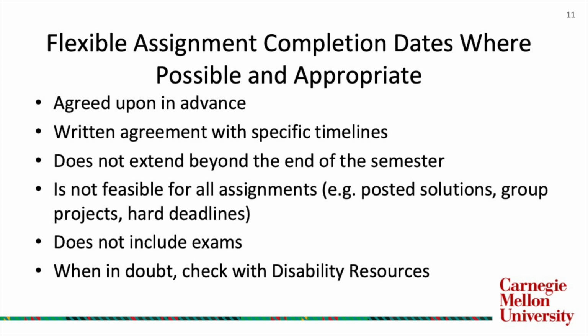And we can get back to you and say, yes, we do have current documentation that would support that decision, or no, we really don't have that documentation. We haven't been in touch with that student since last year.